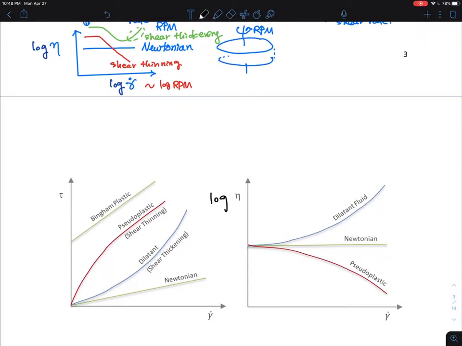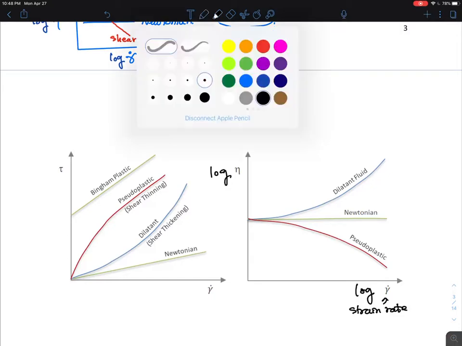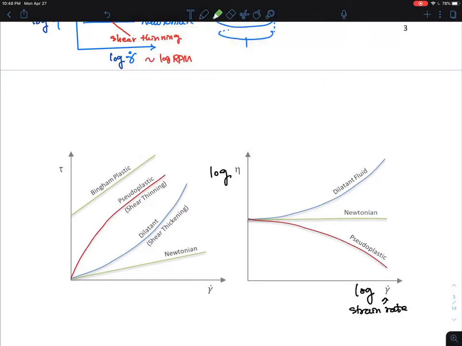If you put this log viscosity versus strain rate, right? Strain rate, and Newtonian is something that does not depend on how fast and how slow you're rotating it, whereas this is a shear thinning.